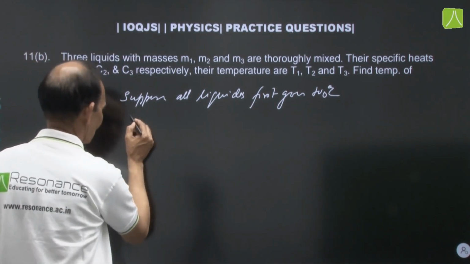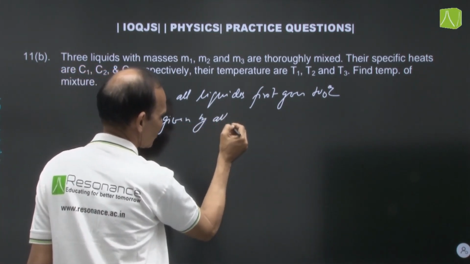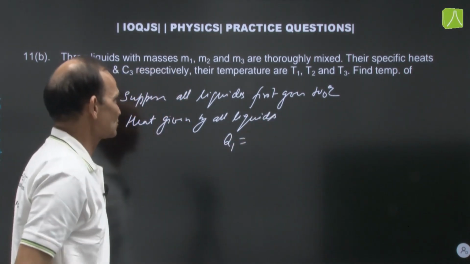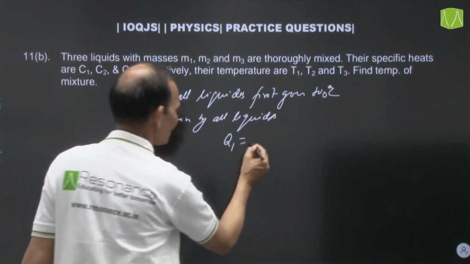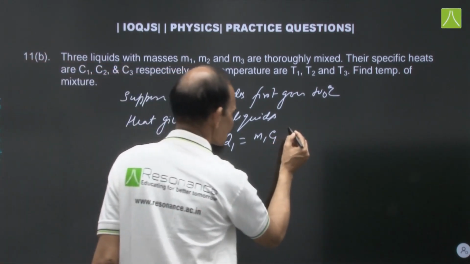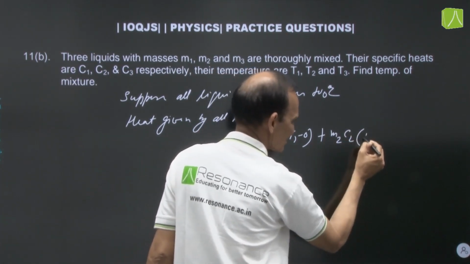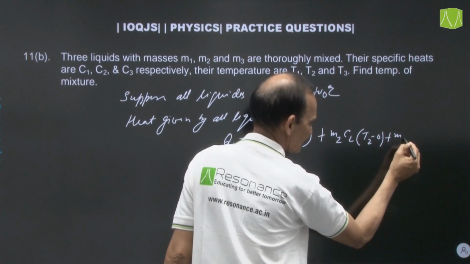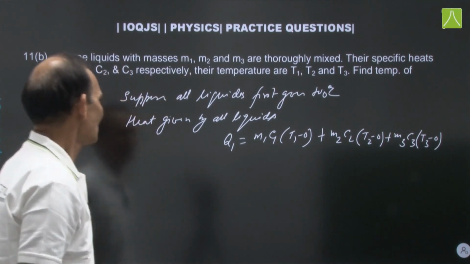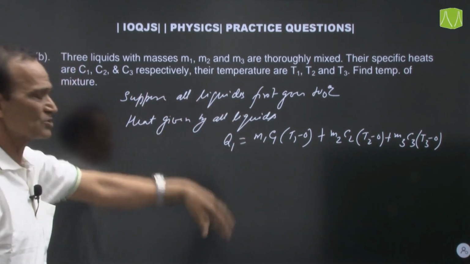Then the heat given by all liquids, suppose Q1, that is equals to, think about first mass is m1, specific heat C1, change in temperature from T1 to 0, so T1 minus 0, by second m2 C2, temperature T2 minus 0, by third is m3 C3, T3 minus 0. It's the heat given when all the liquids move from T1, T2, T3 up to 0 degree Celsius.